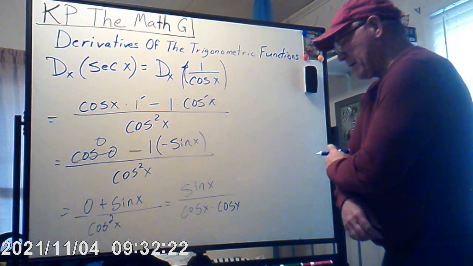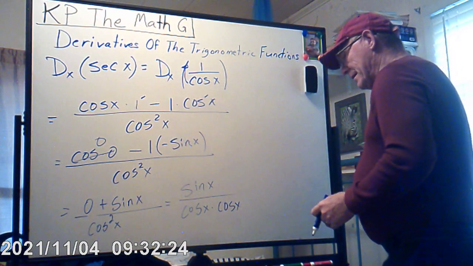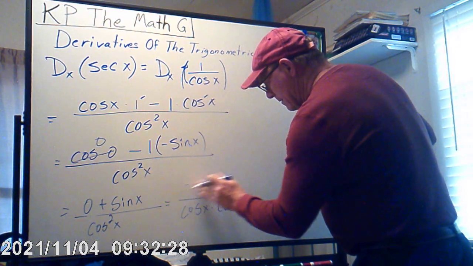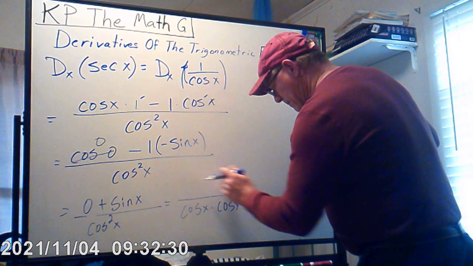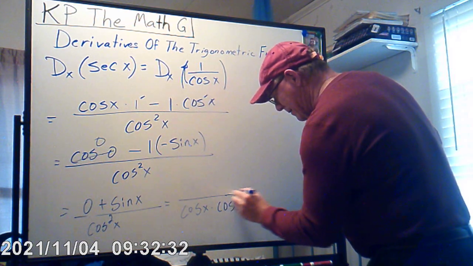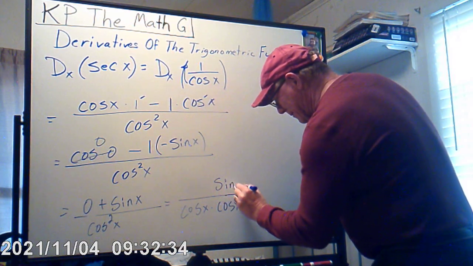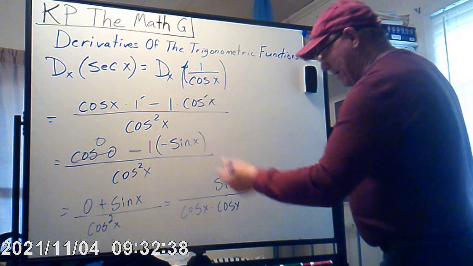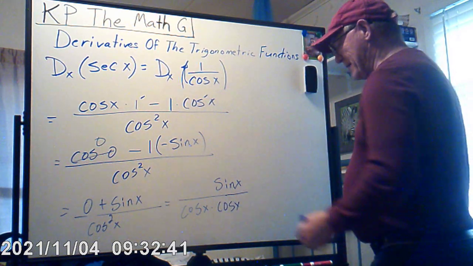So what we can do is, let me move the sine over. Put sine over here, which is still in the numerator. It doesn't matter. I mean, that's a weird way to write it, but there's a purpose behind it.